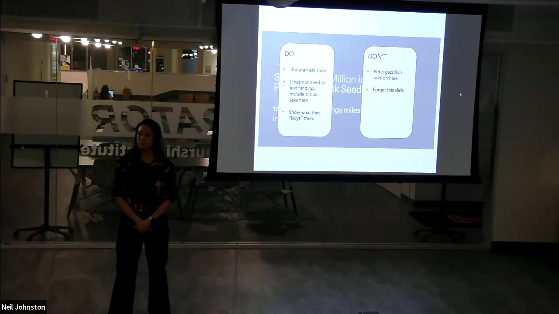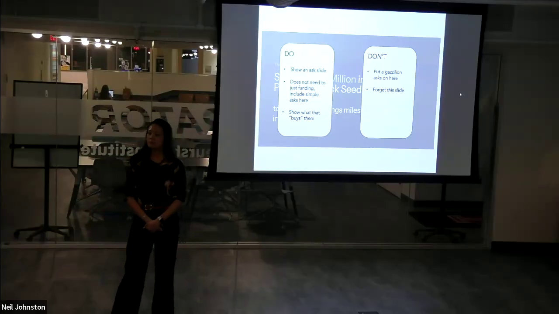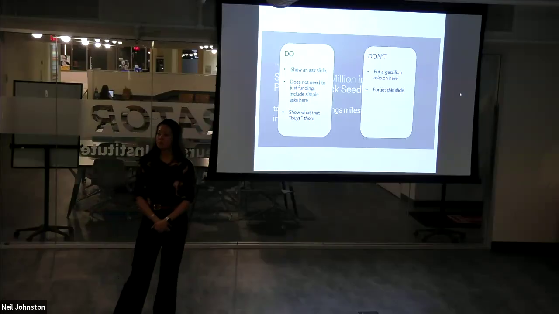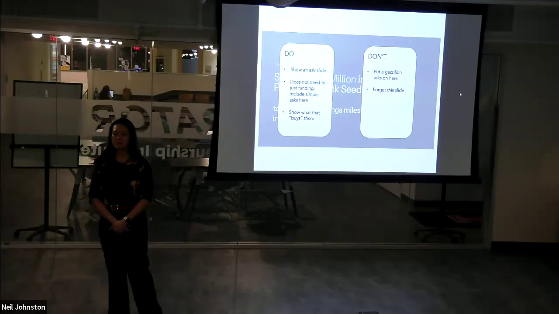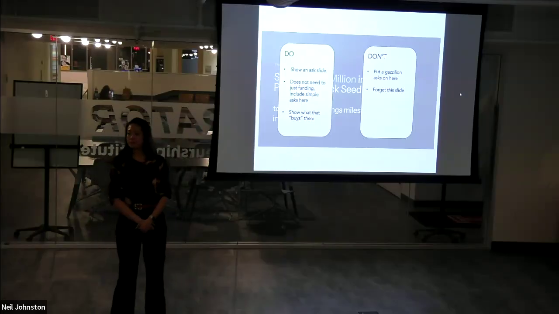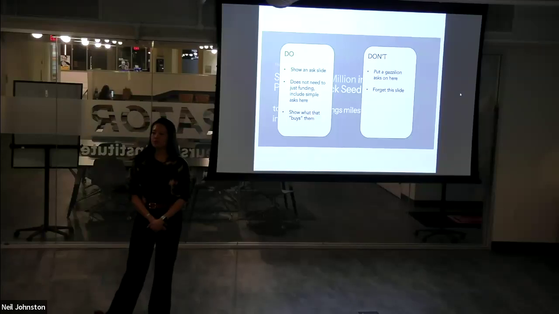Or, hey, my cousin's best friend is an excellent coder, and it sounds like you need some help with coding. Let me introduce the two of you. So there should be an ask in here, even if this is for a pitch competition and we are not expecting you to be making a pitch directly to quote unquote investors, because it's to the judges, but still follow this same format. That makes sense?